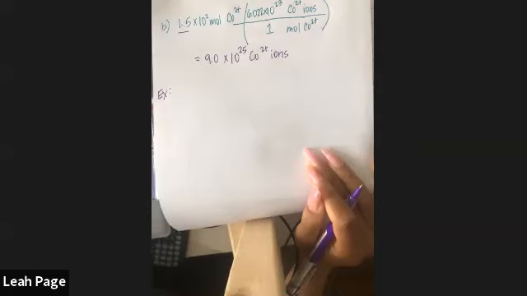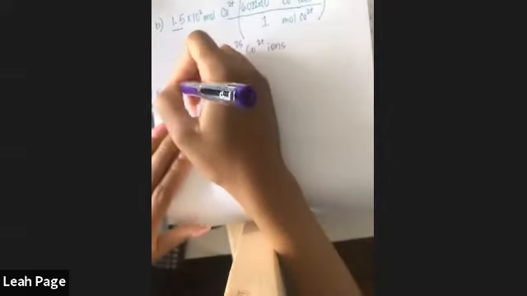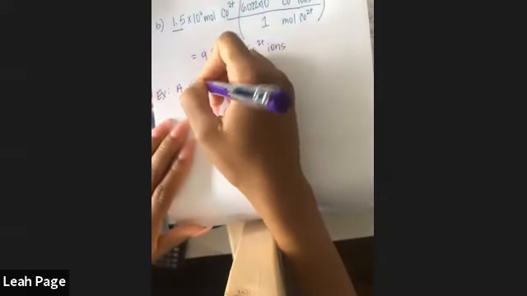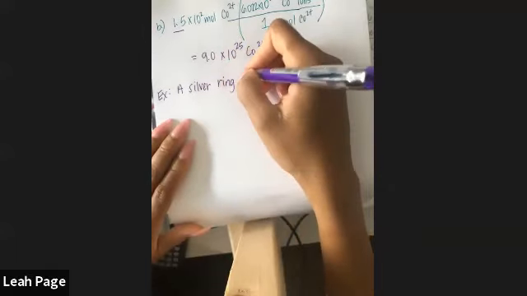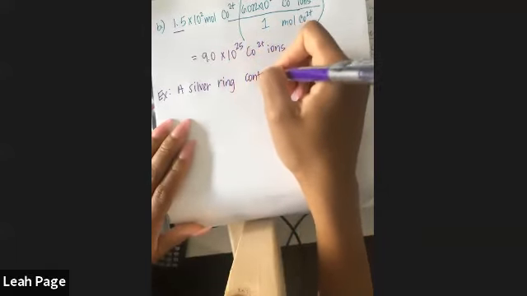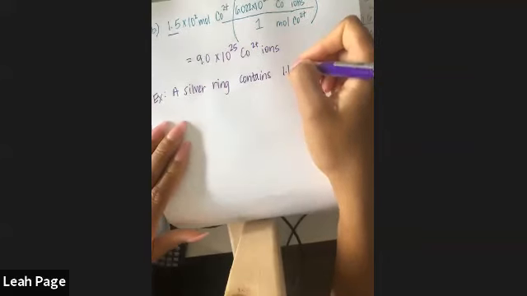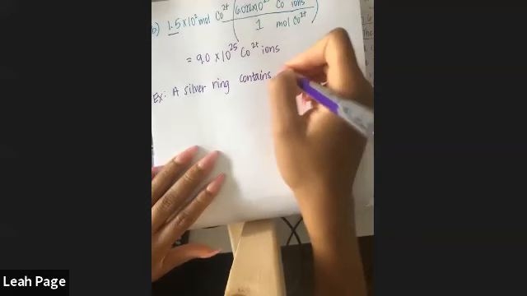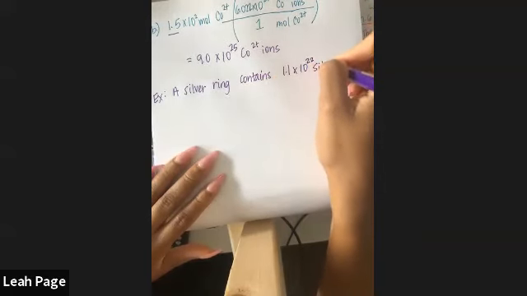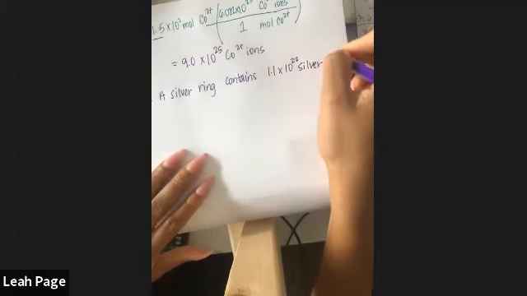Okay. All right, so it says a silver ring contains 1.1 times 10 to the power of 22 silver atoms.